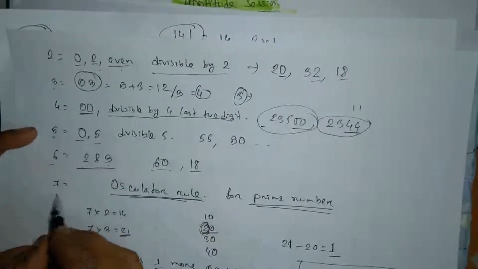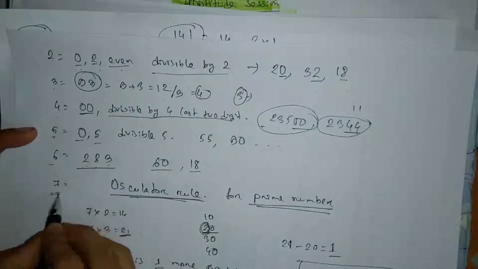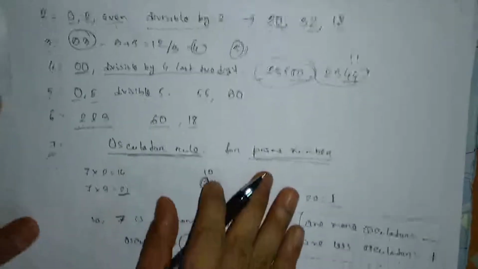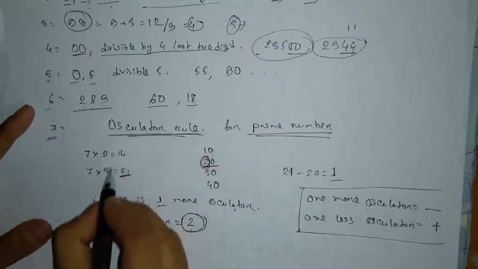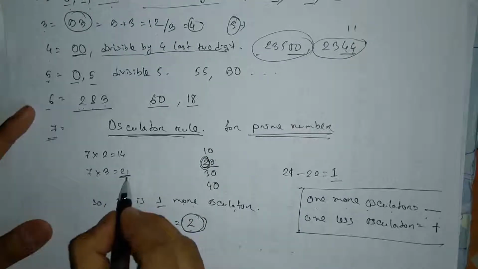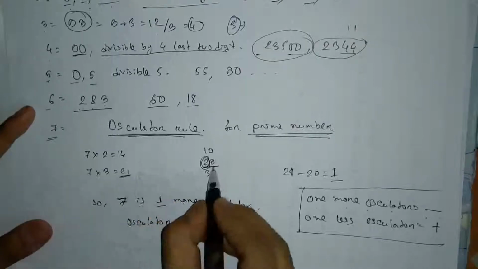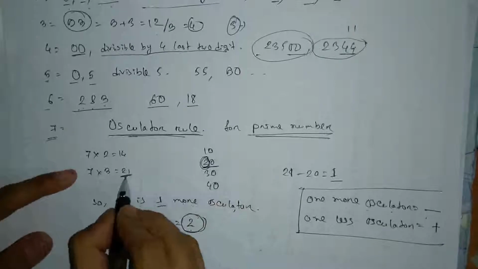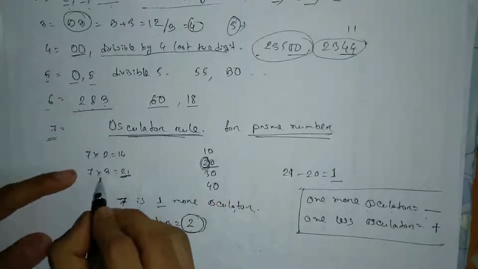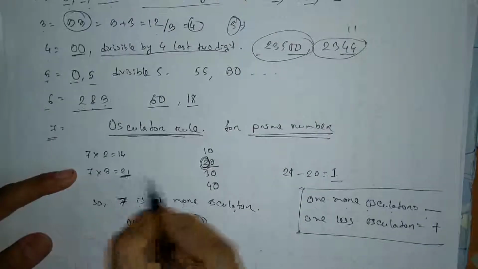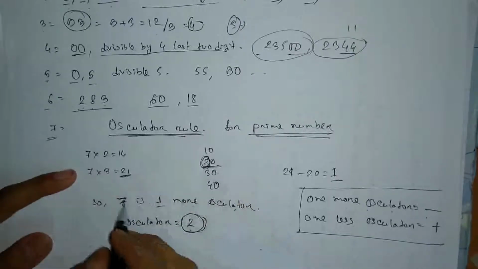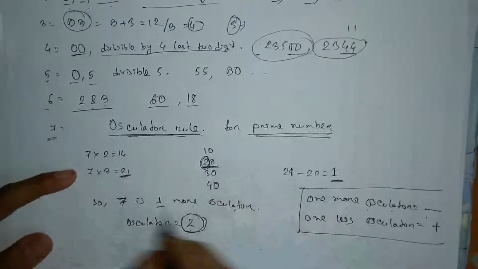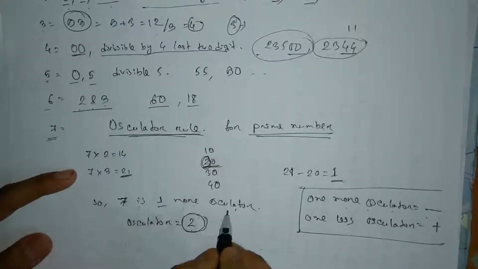In 7, we have to use the osculator rule because 7 is a prime number. In every prime number we have to use osculator rules. What is the osculator rule? We have to write down the multiple table till it becomes close to a multiple of 10. So here we got at first 21, as 7 3s are 21, and 21 is close to 20. The difference between 21 and 20 is 1, so we say 7 is one more osculator.